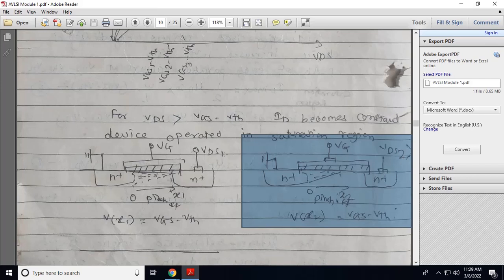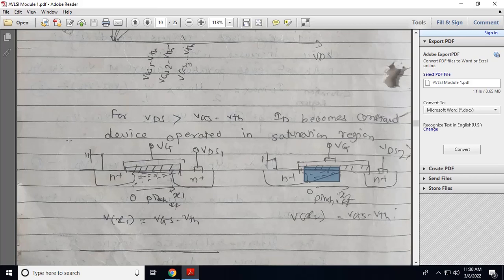It means when you increase the drain to source voltage, at that time the length of the channel decreases, and that is called the channel length modulation effect. When you increase drain to source voltage, the length of the channel moves from source towards the drain. So the length of the channel decreases.